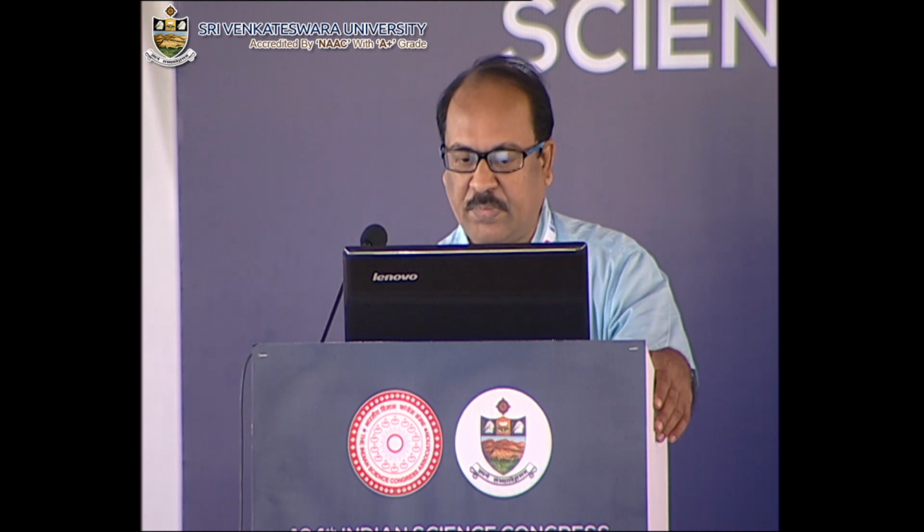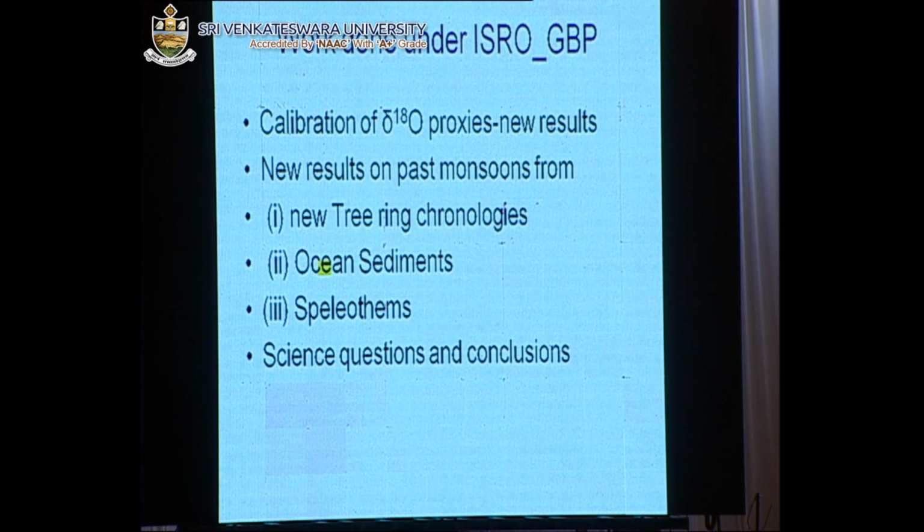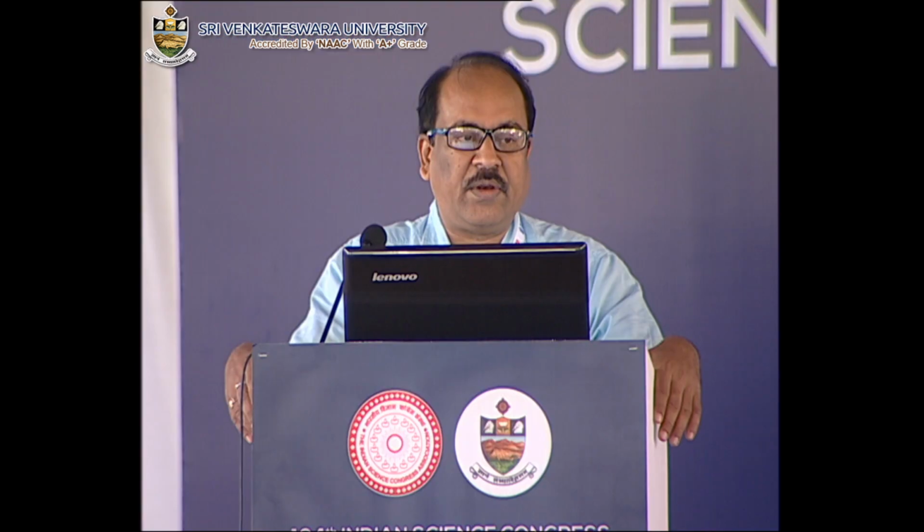So I will give some overview of what we have learnt in addition to what we already know from the published literature. When you go back in time, the best way to measure monsoon rainfall is to put a rain gauge and measure every day how much rain is collected. That is the most precise way. But if you go thousands of years back in time, you have to rely on indirect methods.